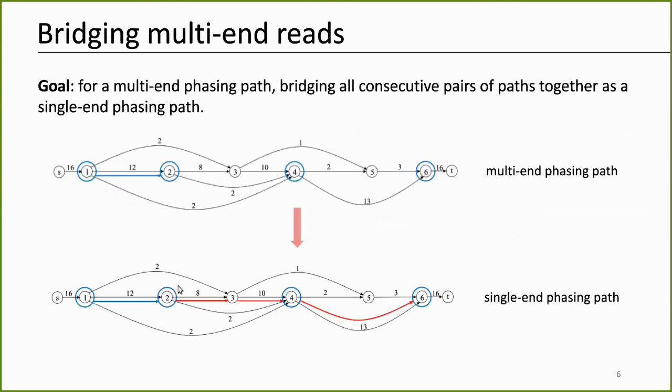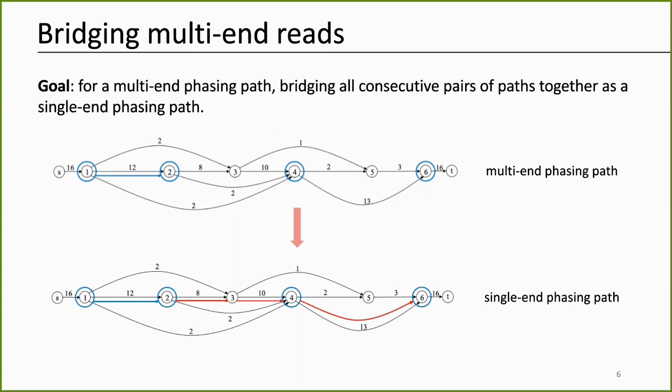So first, bridging. Multi-end phasing paths can provide long-range constraints, but they often have gaps, or we see missing portions. The motivation of the bridging algorithm is to fill the gap between every two consecutive reads. As an example here, the blue multi-end phasing path consists of three reads: the first red read, a blue read, and the second blue read, and there is a gap between exon 2 and exon 4.